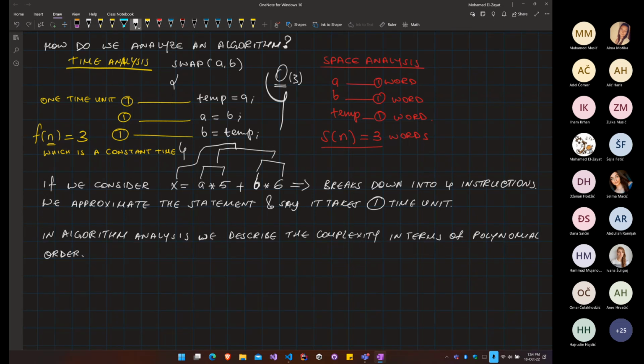The asymptotic notations are the categories of these functions, and we will mention them again when we get there. So when you see an O, you say it's a polynomial order. If somebody asks you what the asymptotic notation is, then you categorize whether it's big O, big theta, or big omega.